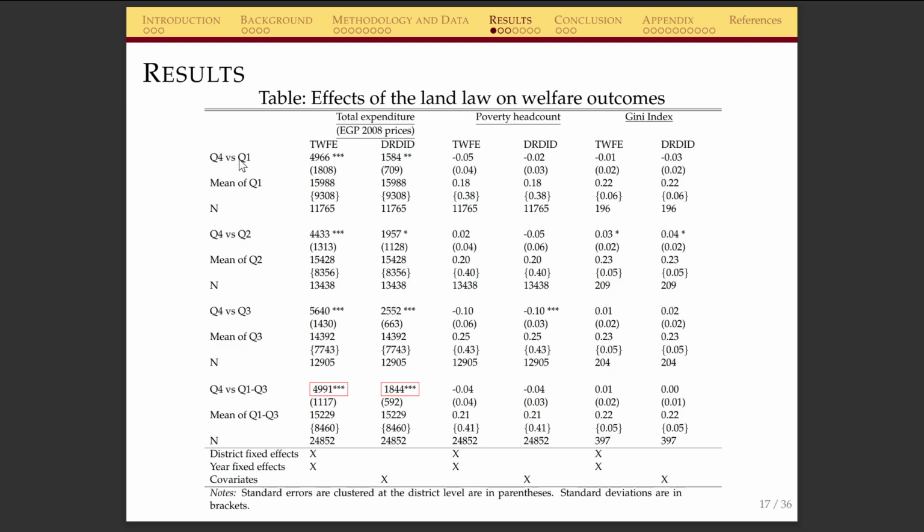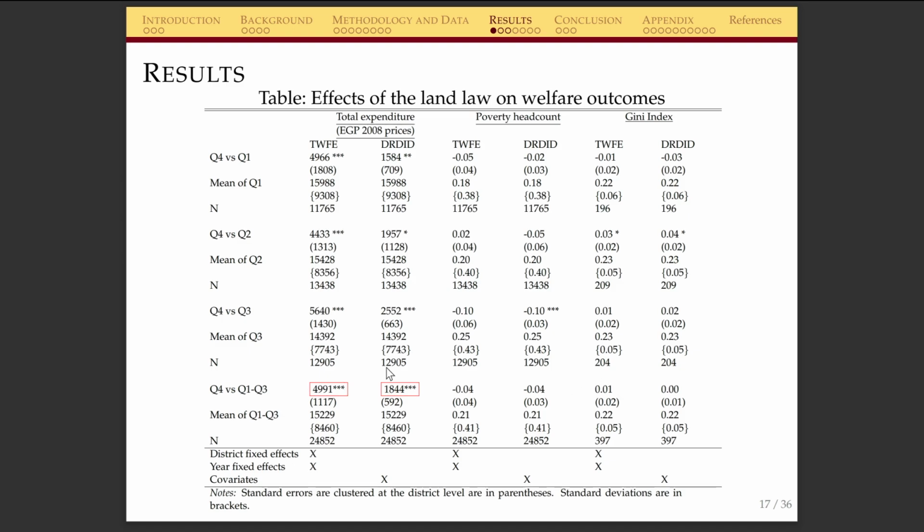First is quartile 4 compared to quartile 1, and last is quartile 4 compared to the bottom quartiles. Mostly I'll focus on the last row since this is the bigger sample and it represents all districts.